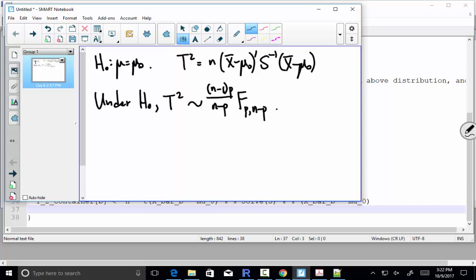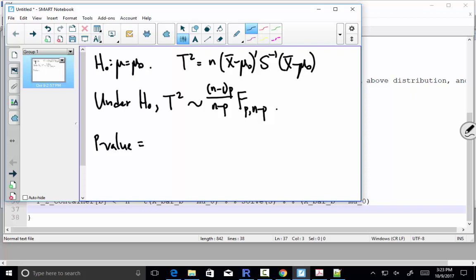So for a p-value, what I can do is get the right tail probability of an F distribution evaluated at t squared times n minus p over n minus 1 times p. If I take that constant that's in front of the F and divide it over to the t squared side, then whatever that modified t squared is, that has an exact F distribution.